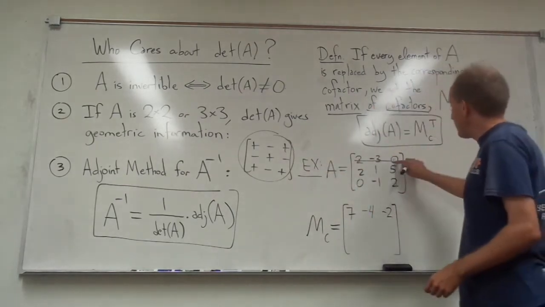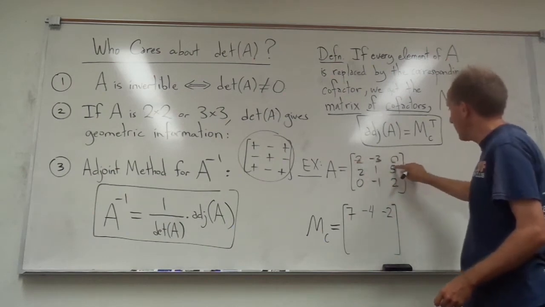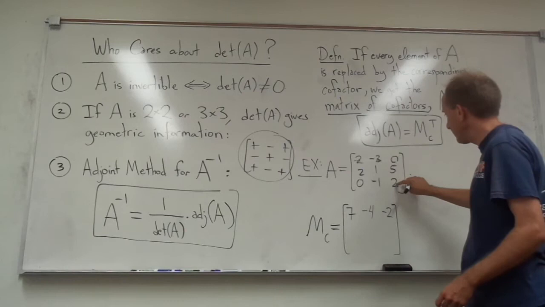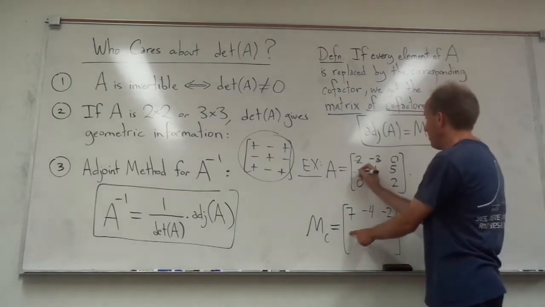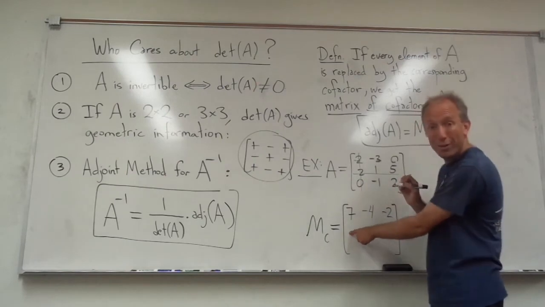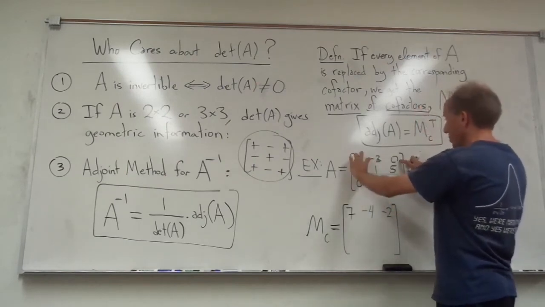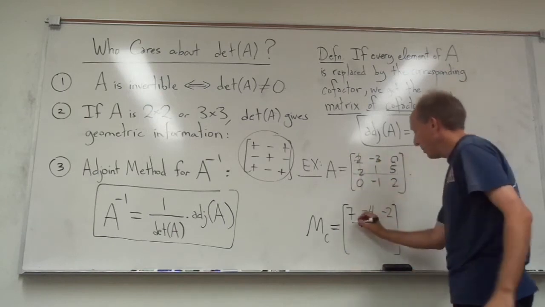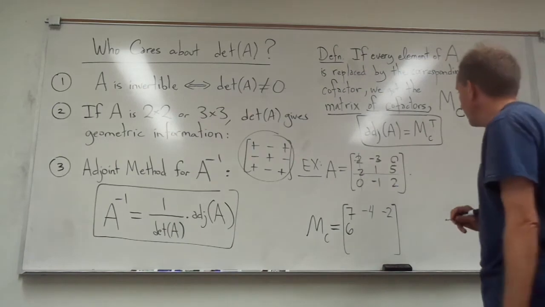Okay? Next, I have to move down to the second row and continue the process. In the second row, if I want to look, for example, at the 2, 1 position, I'm just going to cross off the second row and the first column and take the determinant of these 4 numbers. It gives me -6, but I have to change the sign. It becomes +6. Okay.